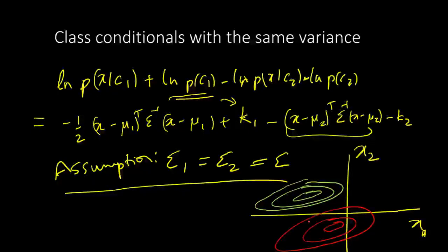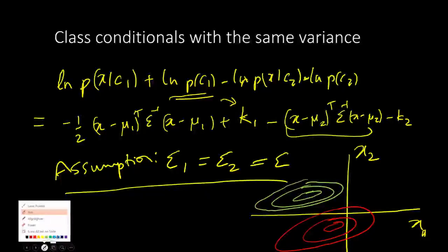One of these can be raised up, one of these can be raised down because of the prior. That means p of c1 and p of c2 need not be half and half. One of them can be raised up, one of them can be pushed down, and yet the boundary that I will get will always be a straight line.